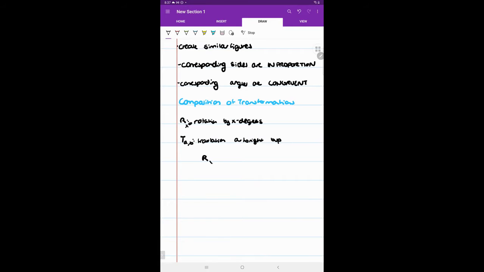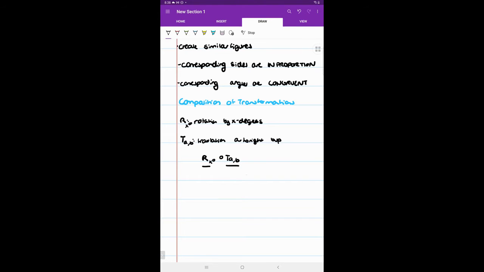Now if I did R_X degrees, this little symbol, which means of, T_AB, this is a composition. It's a composition of a rotation and a translation. The thing is, even though normally we read left to right, when you see this, you're going to want to work right to left.